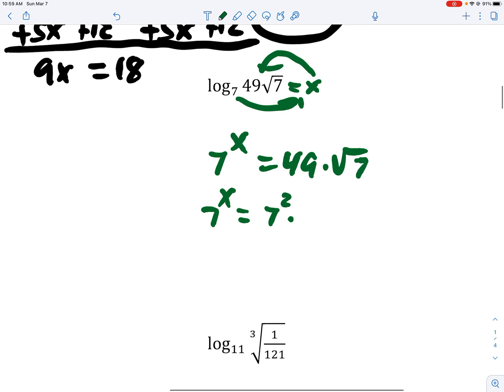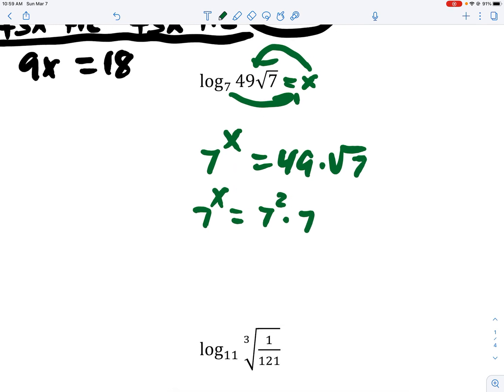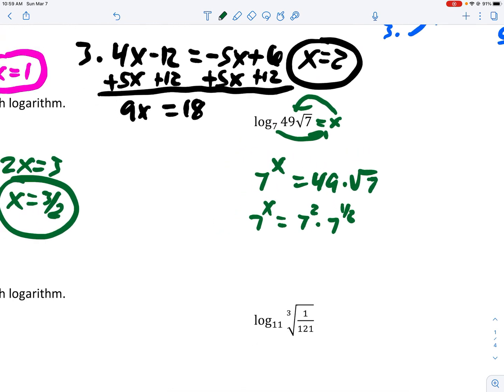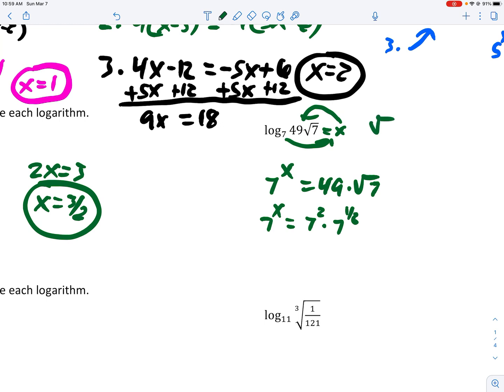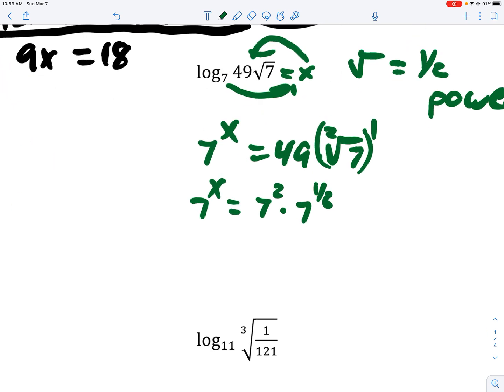The square root of 7 is same thing as 7 to the 1/2 power. Remember, when you take the square root, that equals the 1/2 power. Because you're taking the square root of 7 one time. So the denominator of the fraction is 2, the numerator is 1.